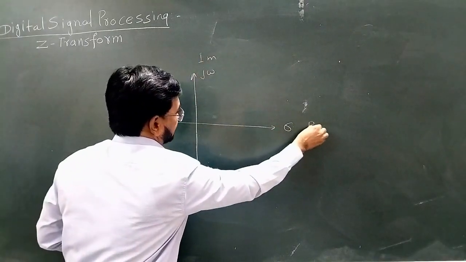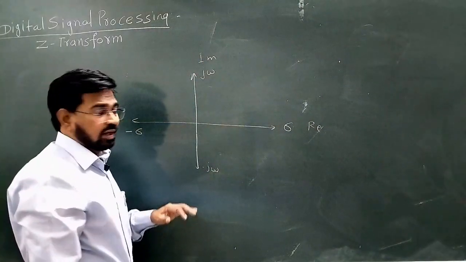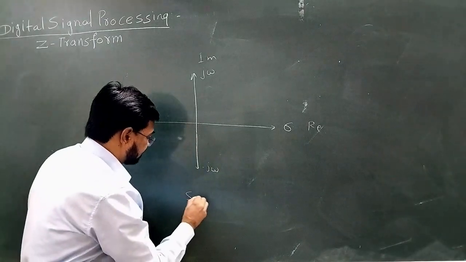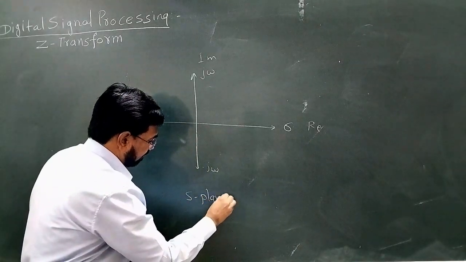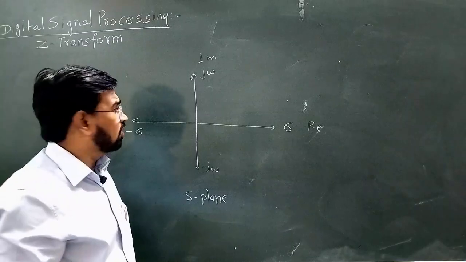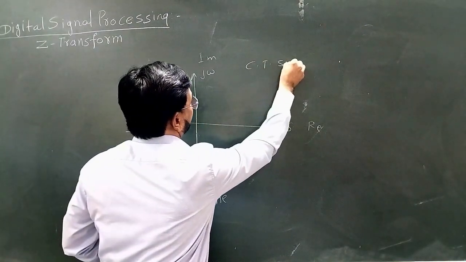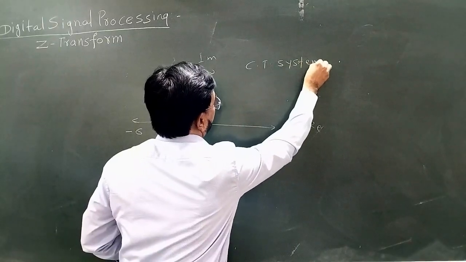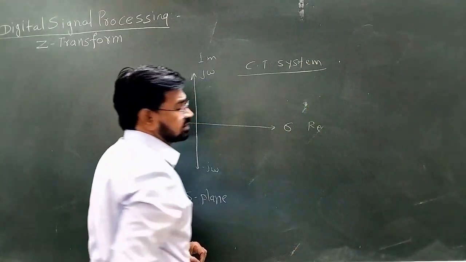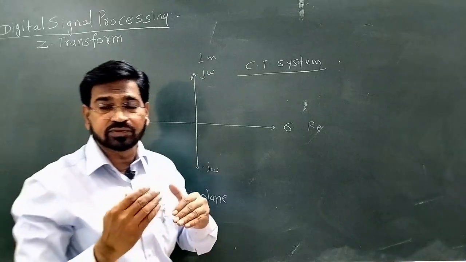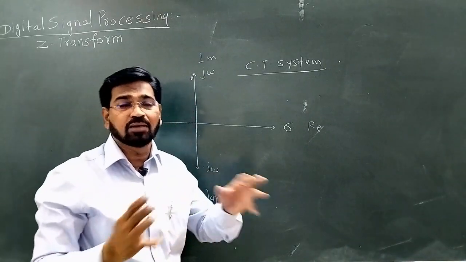This is the S plane. Laplace transform is applicable to continuous time systems and signals. We can analyze, design, and change the domain from time domain to frequency domain by using Laplace transform.